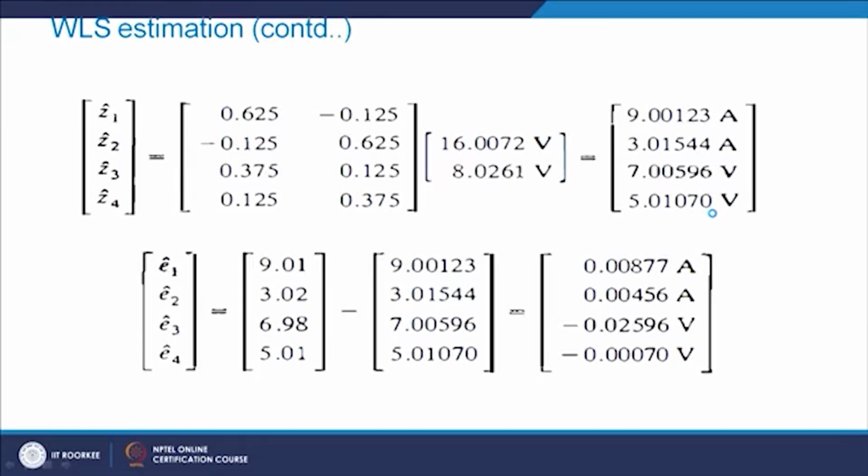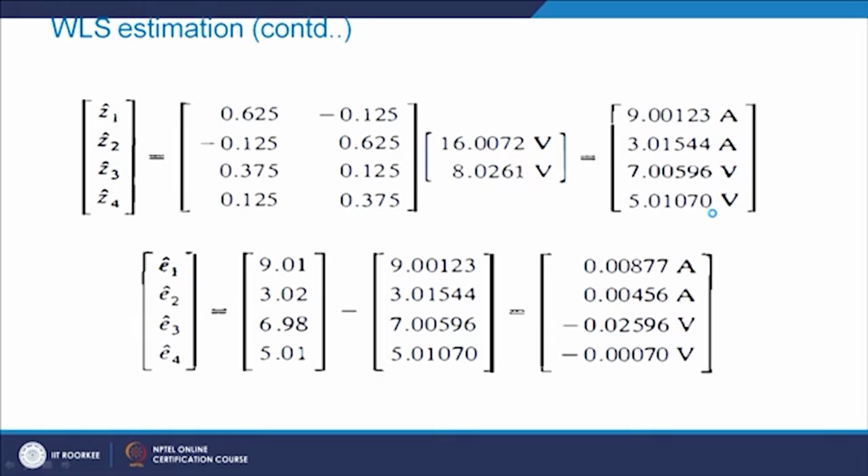So if I substitute these values into the expression z equal to H x, I get the estimated values of z. This is the H matrix and this is the estimated value x hat, so H into x hat gives me this z hat matrix, the estimated values.